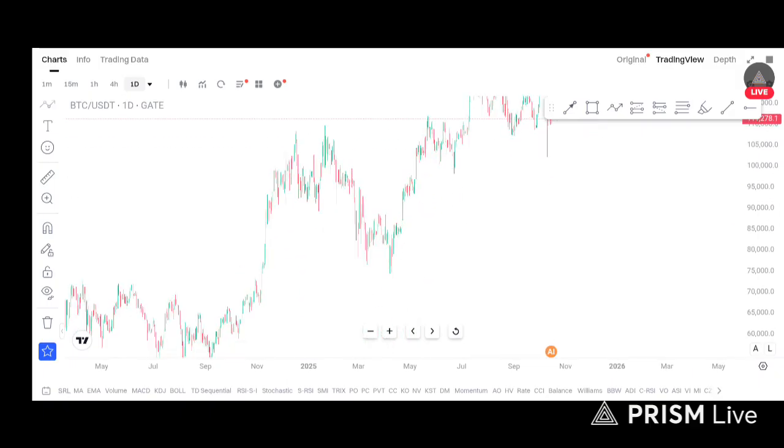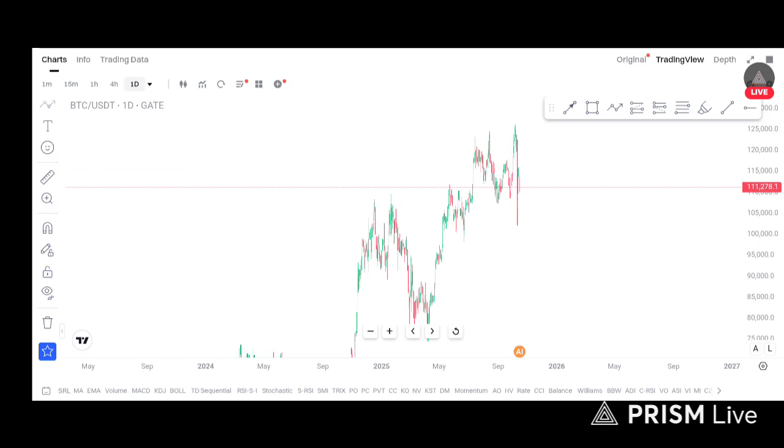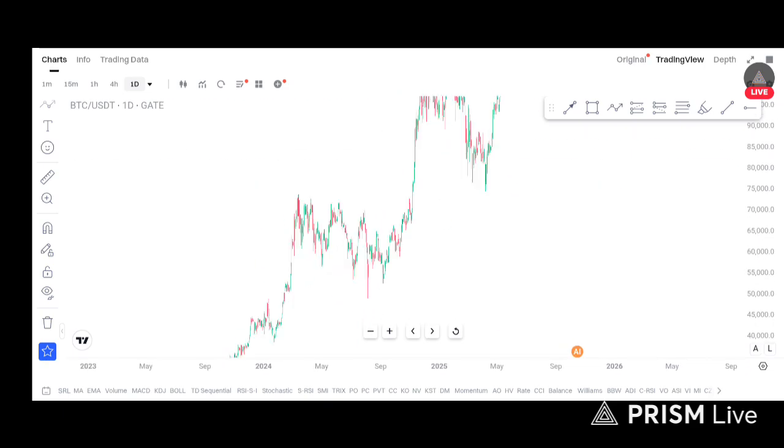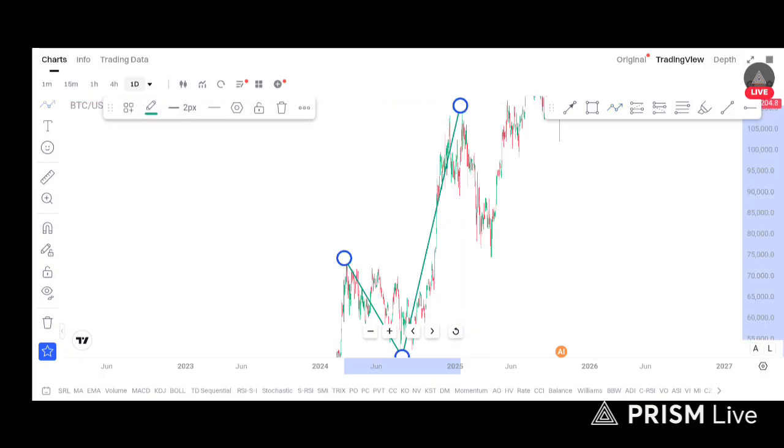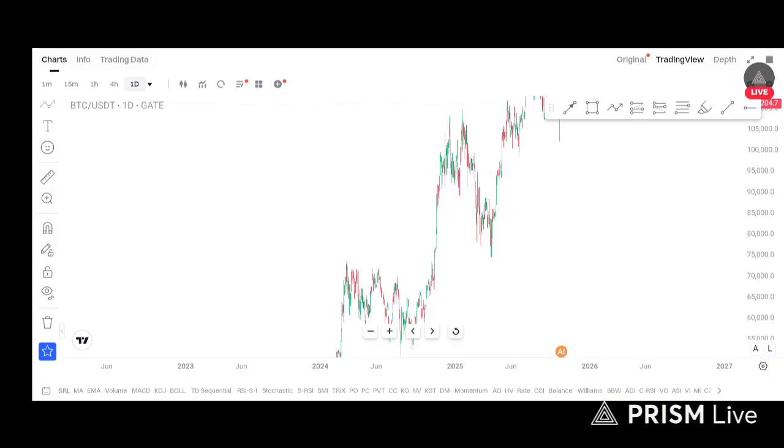It's obvious that the market is in an uptrend, right from here. In fact, let me even blow your mind so that you see something better. Let's go to the weekly time frame.